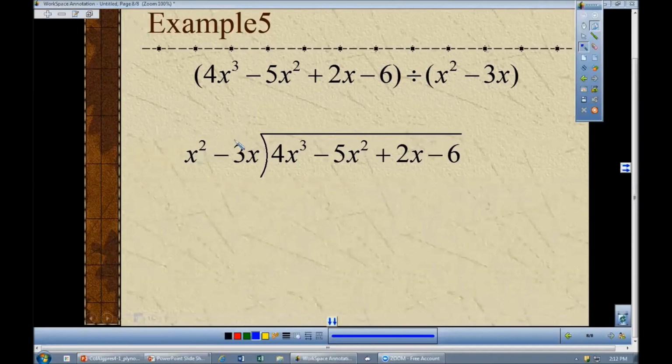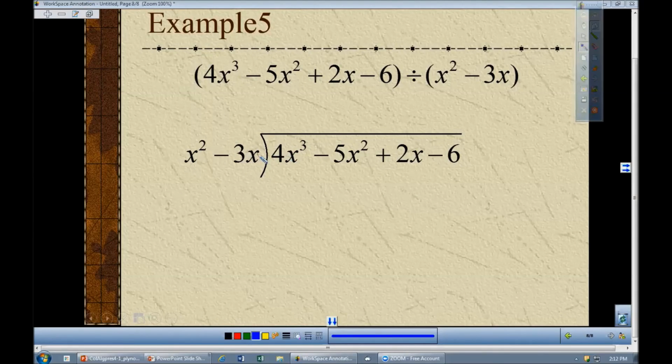x squared times what is 4x cubed? I need to multiply by 4 and times another x. Looks like that needs to go in my x column. 4x times x squared is 4x cubed. 4x times negative 3x is negative 12x squared.